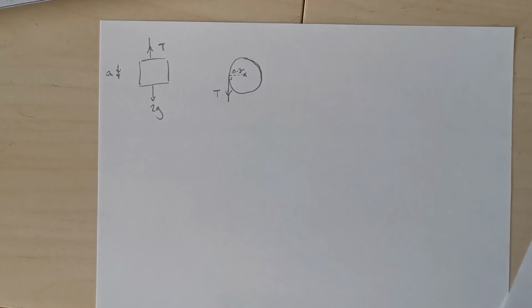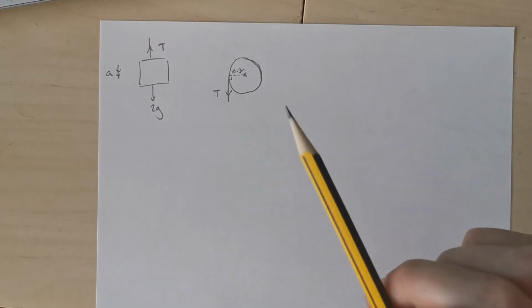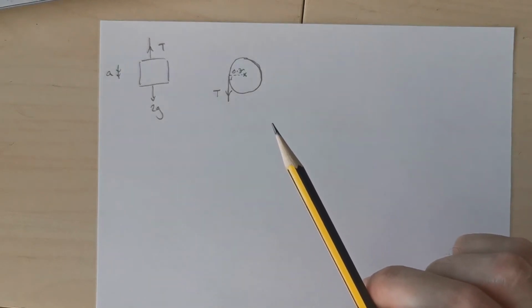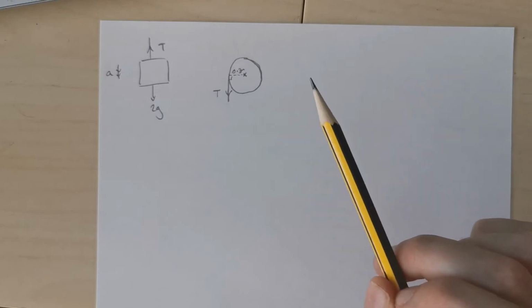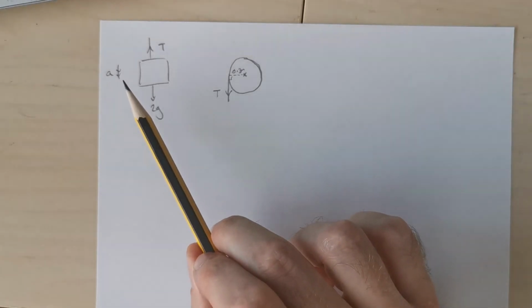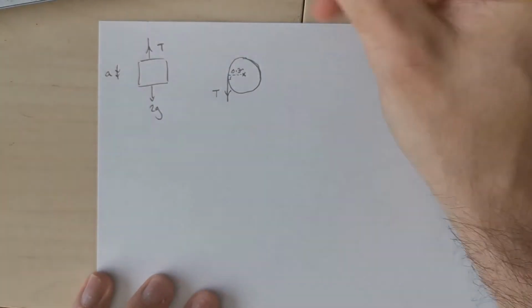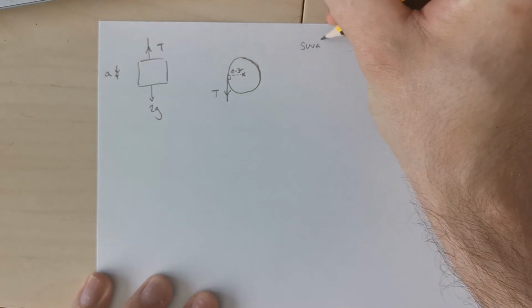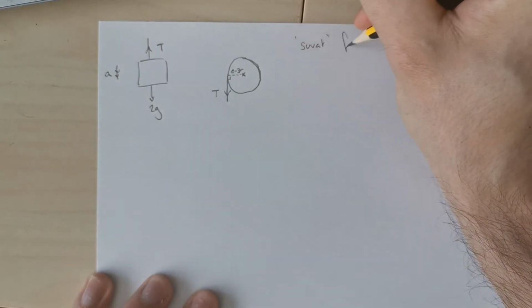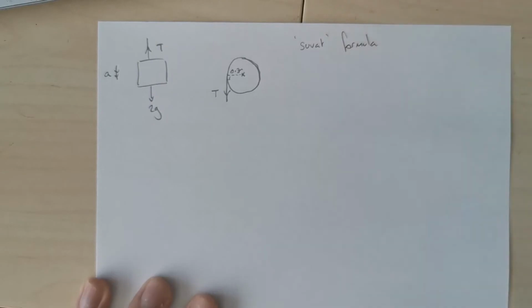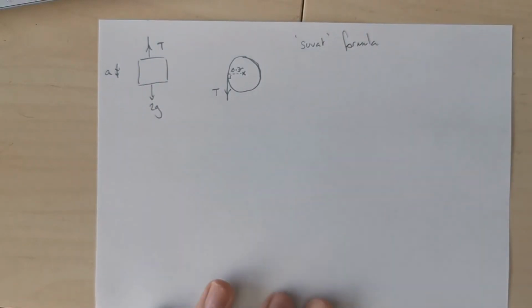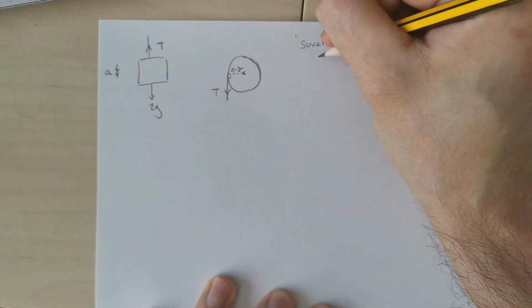So looking at the information that we've been given, first and foremost, the fact that we're dealing with constant acceleration means that immediately we should be thinking of the SUVAT formulae, which can only be applied if we have constant acceleration.